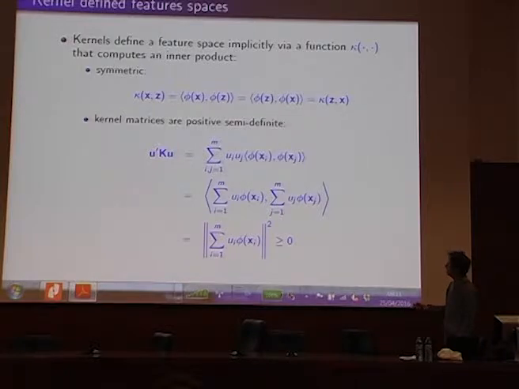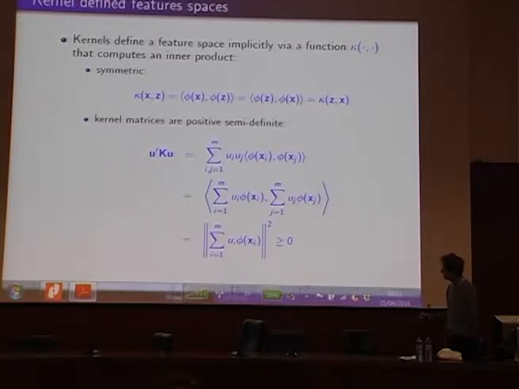If we look at the product of this kernel matrix with an arbitrary vector u on both sides, we can write this in this way and then bring the sum inside the inner product. So the sum over the ui goes with this one and the sum over the uj with this one. And this actually turns out to be the norm squared of this vector in the feature space.